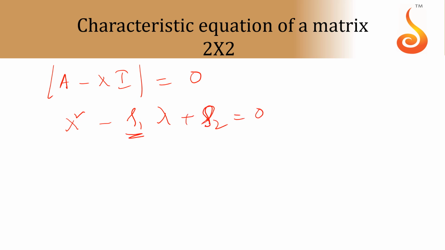S1 is the sum of the roots and S2 is the product of the roots, because it is an equation in lambda. Please remember that S1 is the trace of the given matrix A and S2 is the determinant of the matrix. And the values of this lambda are called eigenvalues.